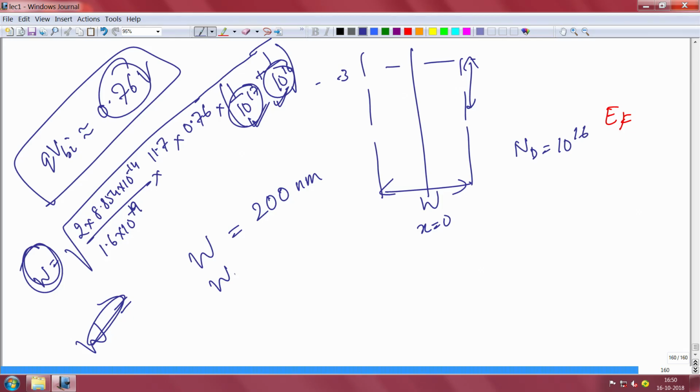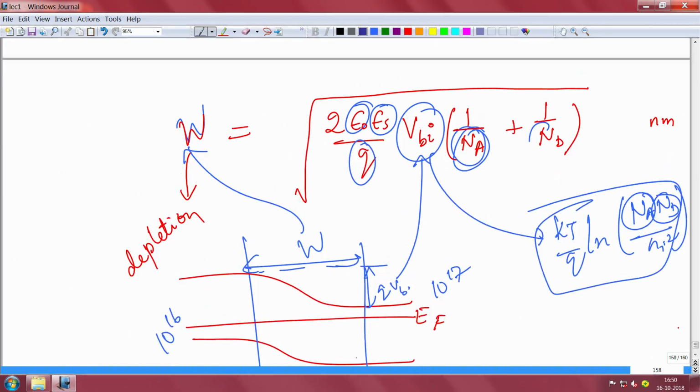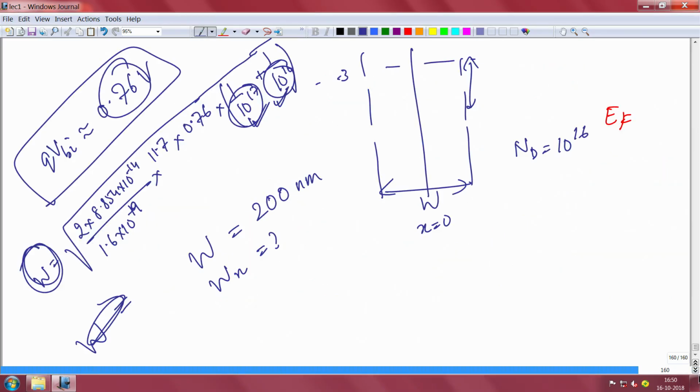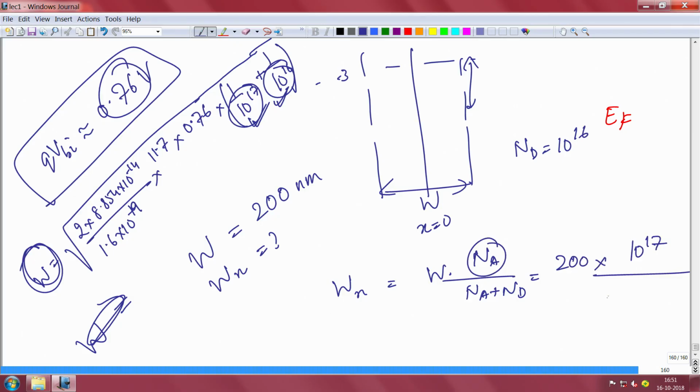Then how will you find the depletion on the n side? You find that by this relation, which is depletion on the n side equal to total depletion into Na divided by Na plus Nd. So if the total depletion is 200 nanometer, and doping on the p side is 10 to the power 17, this will be 10 to the power 17 plus 10 to the power 16.